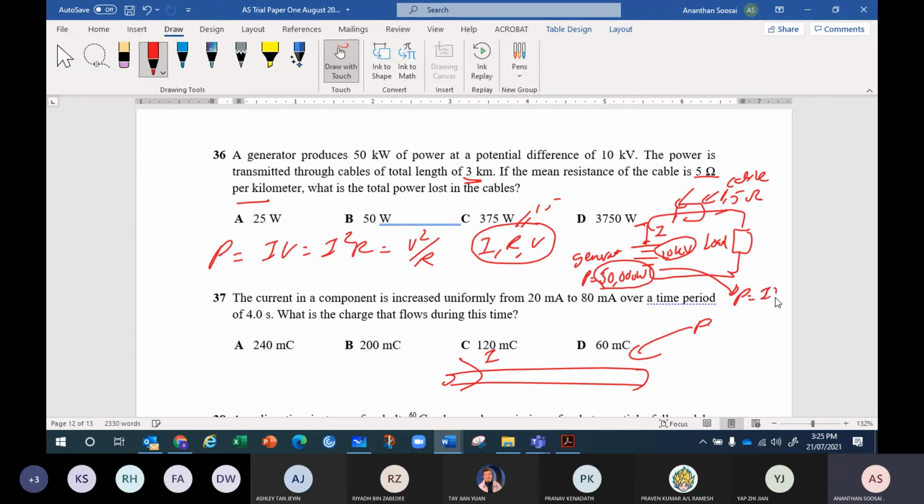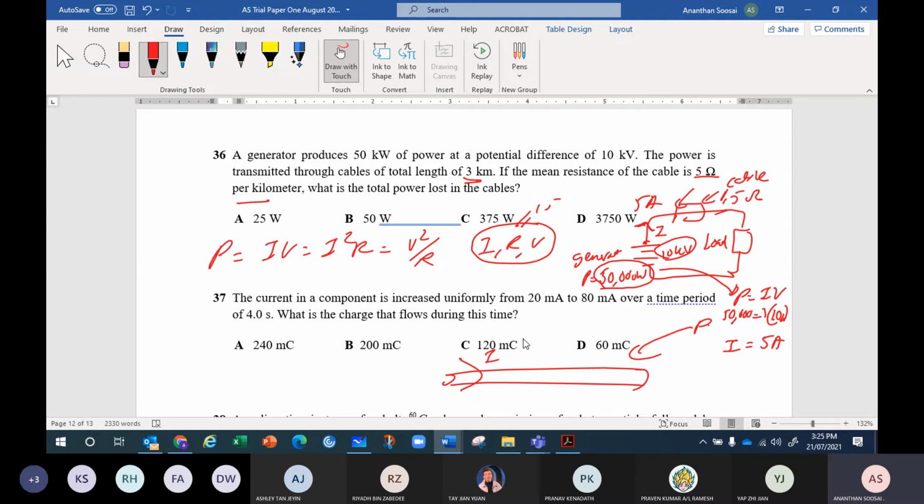How do you find the current? P equals IV for the generator. It produces 50,000 watts and the voltage is 10,000 volts. So the current is how much? 5 ampere. So the current that flows in this circuit is 5 ampere. Okay. So now you can find the power loss.